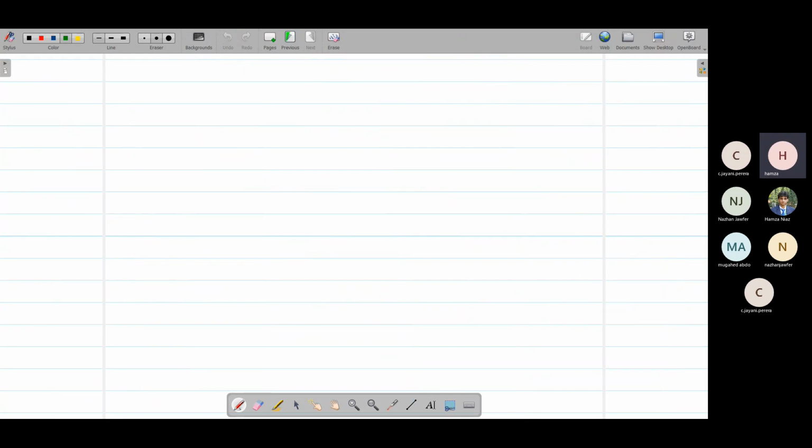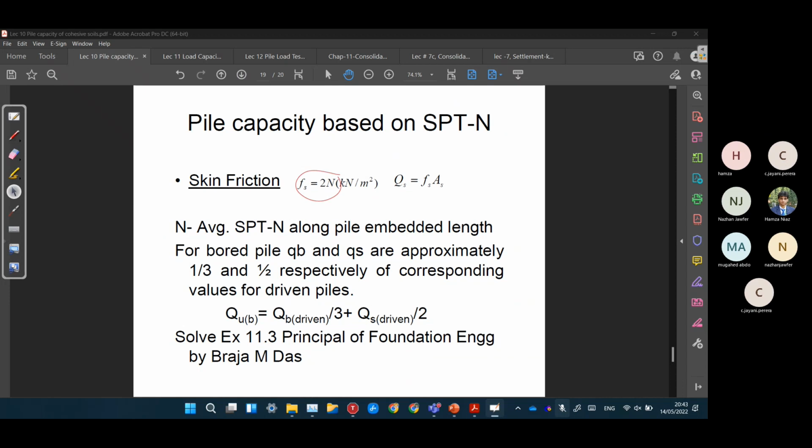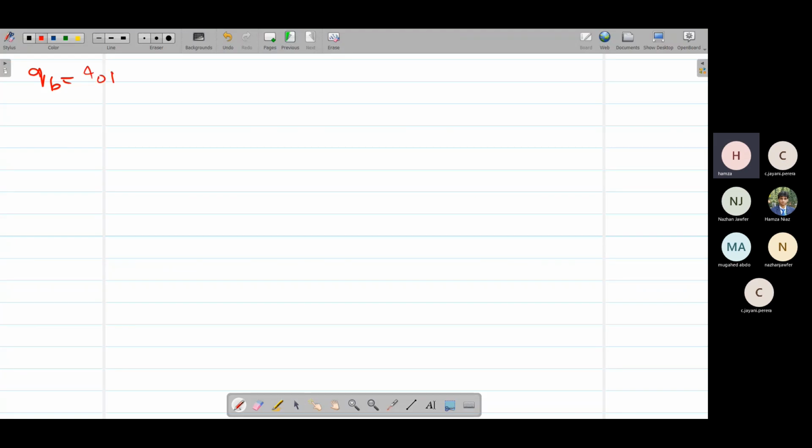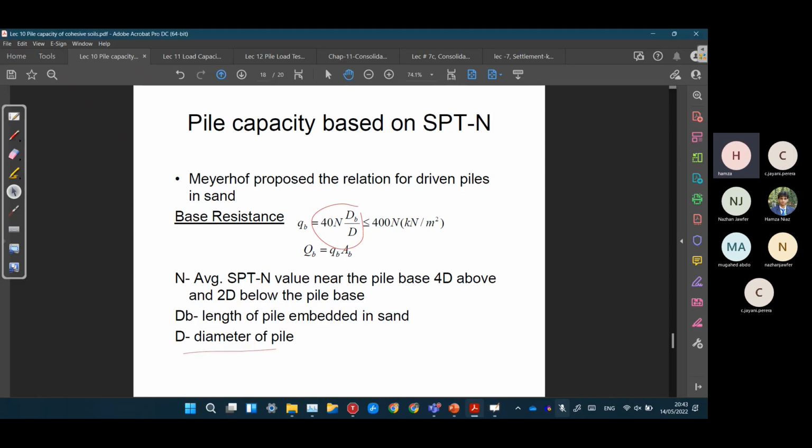After this Qs value, we have to find the Qb value, the base. The formula for Qb is 40 N times Db over D, where Db is the depth of the bore, the length in the soil, and D is the diameter of the pile.